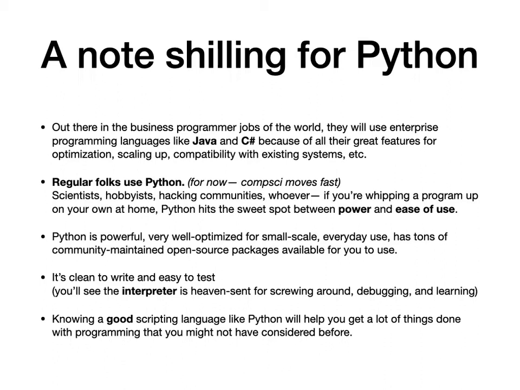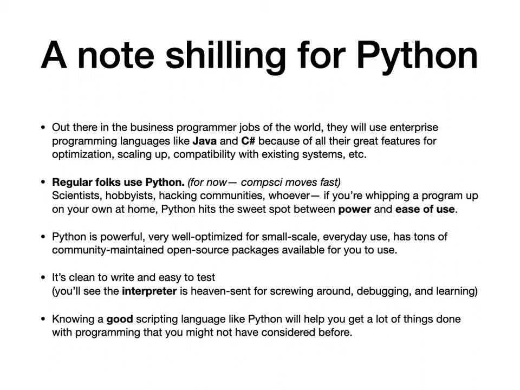So scientists, hobbyists, people who like making code for fun, people involved in hacking communities, whoever. The idea is that if you're whipping up a program on your own, at home, on your own time, Python is really the language that's going to hit the sweet spot between power and ease of use. And it is much cleaner to read and interact with in many ways than a lot of these other ones.